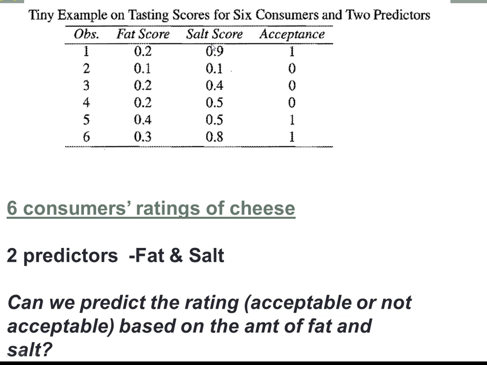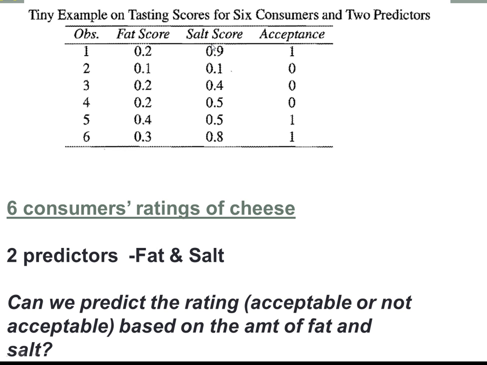But in this case, we have just 2. So 2 predictors: fat and salt. And the question is, can we predict the rating, acceptable or not acceptable, based on the amount of fat and salt?